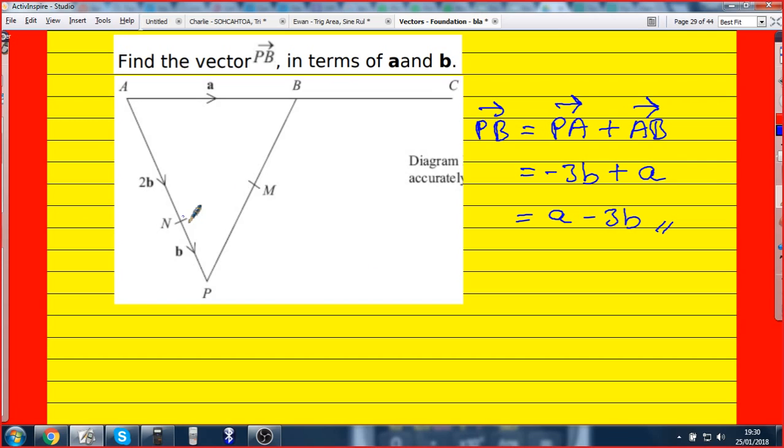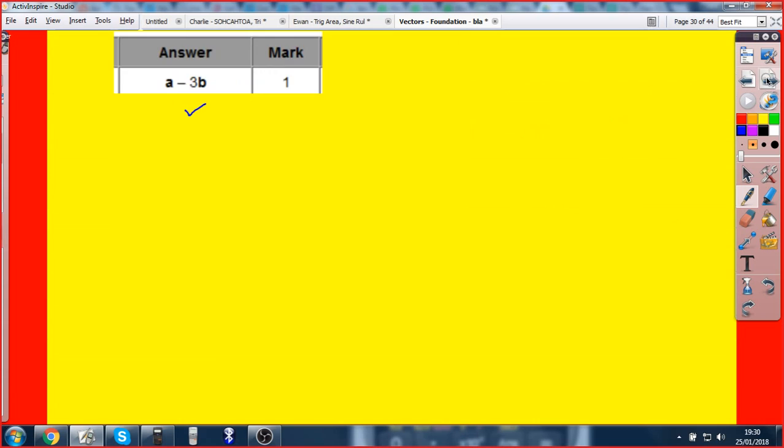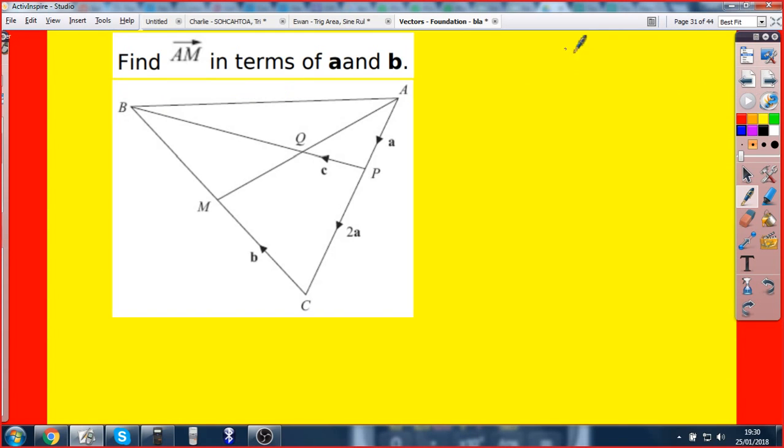Like M is the midpoint and N is 1/3 and 2/3, but those questions won't be asked. They'll only be asked on the higher paper, so you don't have to worry about those two. There's lots of extra stuff going on that you don't need to worry about.